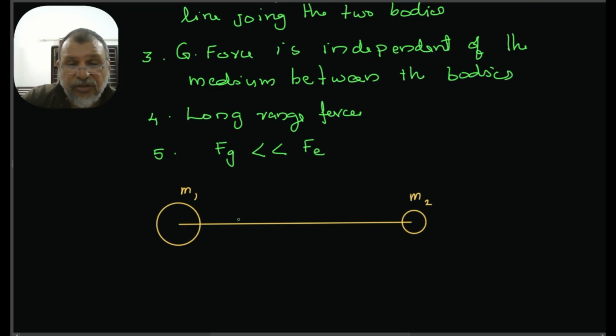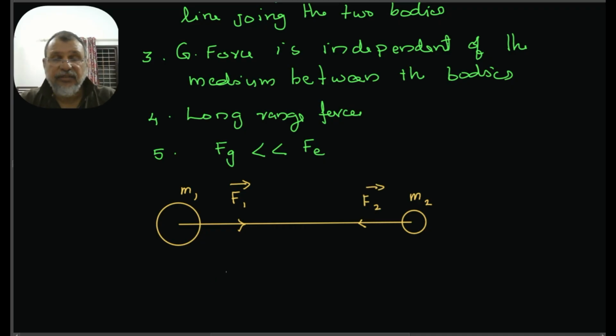So the force experienced by the mass m1, let's write it as f1, is a vector quantity, and the force experienced by m2 due to the attraction of m1, let's call it f2. Suppose we consider f2, the force on the second body due to the first body. Let's put the vector signs.